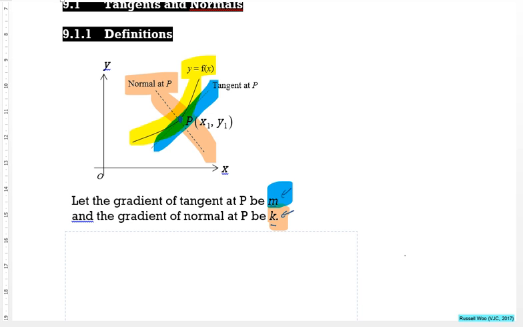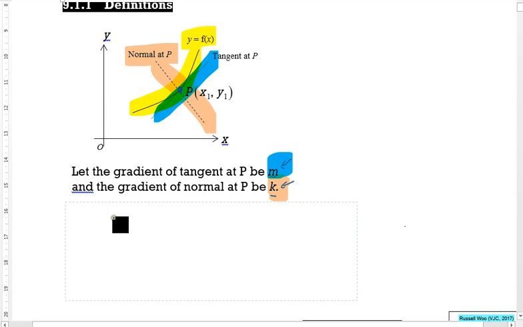Do we know how to find the gradient of the tangent? The gradient of the tangent is the value of dy/dx at x equals x1.